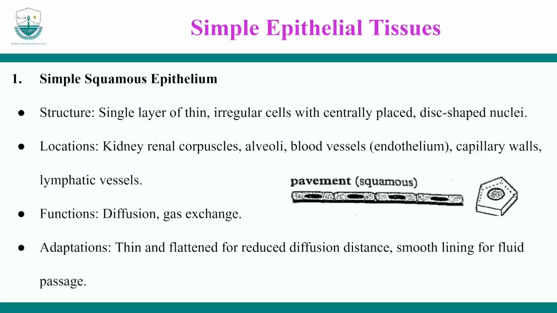So simple squamous epithelium. Simple means single layer. Squamous basically means cells that are thin, irregular, and having a nucleus which is disc-shaped, found in the center. So this is a typical squamous epithelial cell, this one here. And this is the whole epithelium.